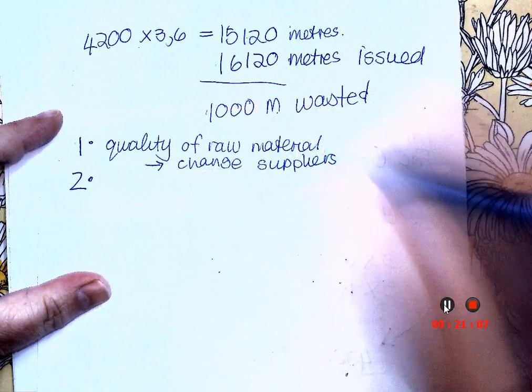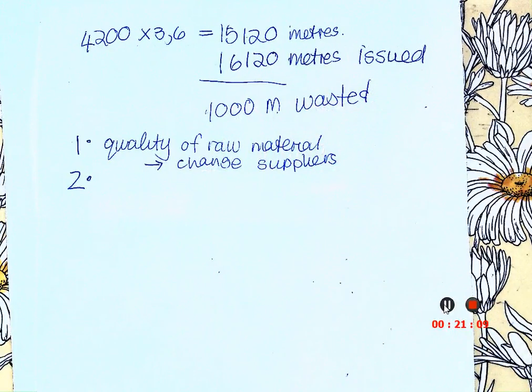What is another reason for wastage? No, this is not about selling. This is about the process of making it. They used 1,000 meters more than needed. It's not about the selling. Focus on the making, the production.